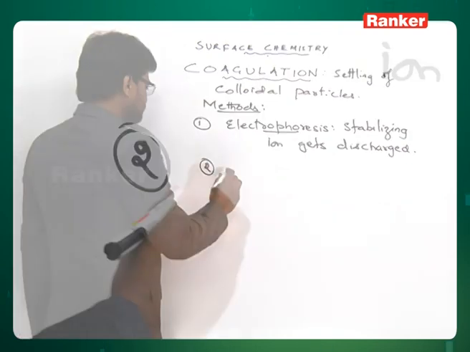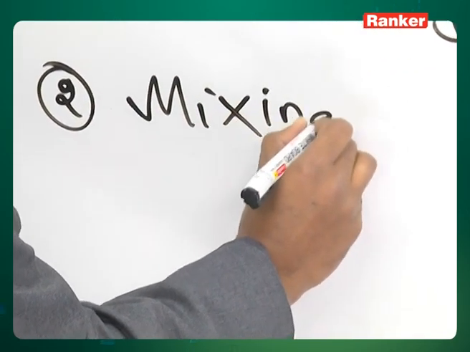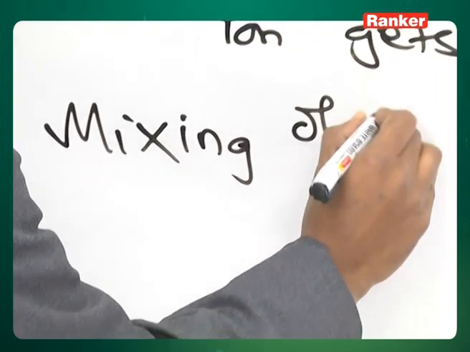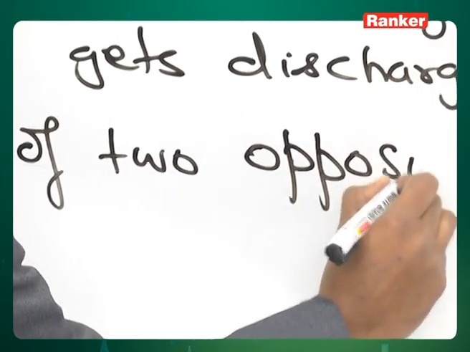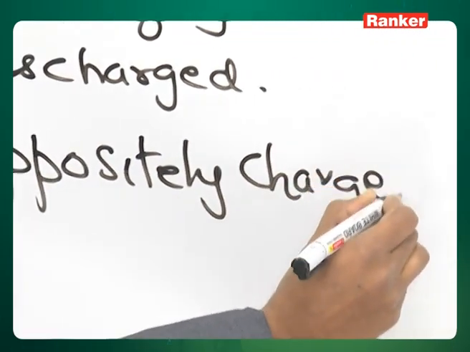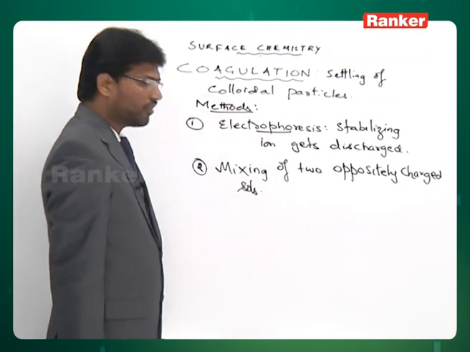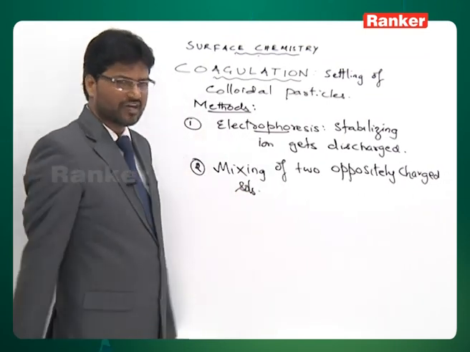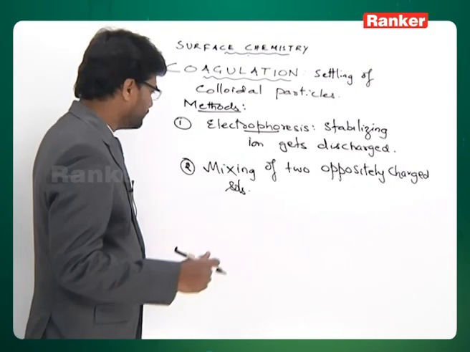Next, another way you can coagulate is mixing of two oppositely charged salts. If you mix two salts having opposite charges in their colloidal particles, then they can cause mutual coagulation.